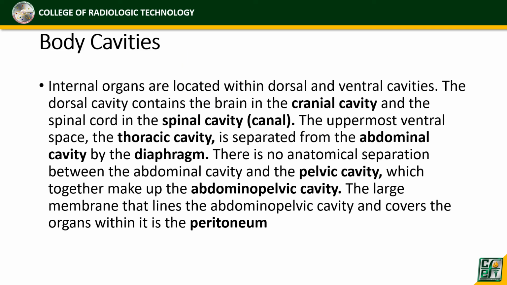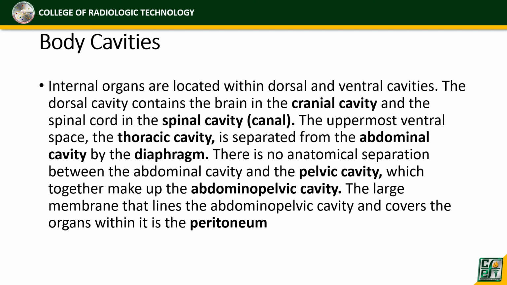Now we move on to the body cavities. The different internal organs in our body are located in what we call the dorsal and ventral cavities. These cavities are spaces where the internal organs are located.